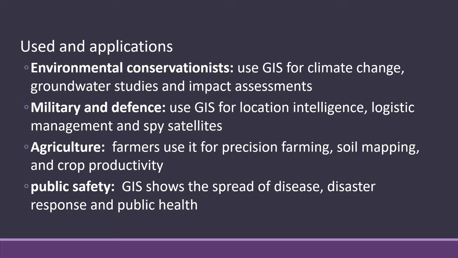Likewise, in the agriculture field, farmers can use GIS systems to find which season is best for farming, which soil is good for which crops, increasing crop productivity, and other farming related activities. For public safety, GIS can be used to show the spread of disease, for disaster response, or even to show how public health is distributed in the world.